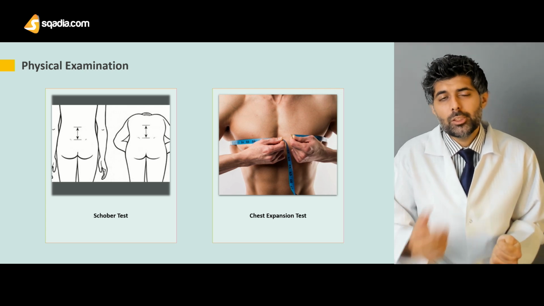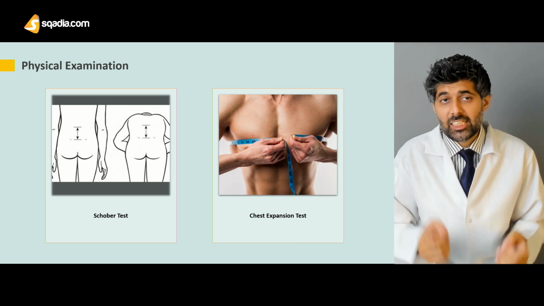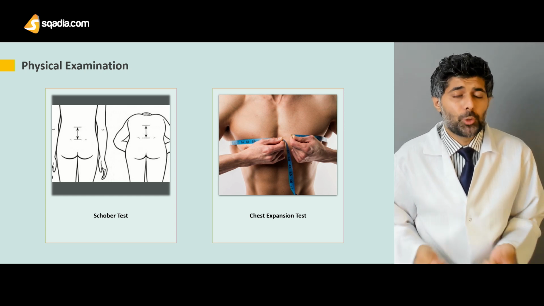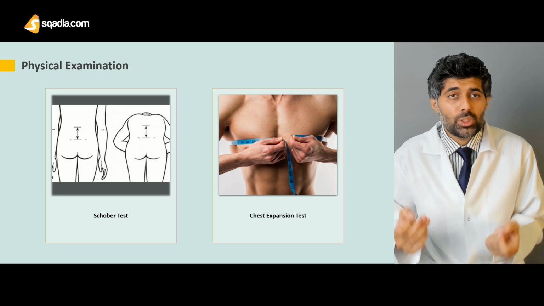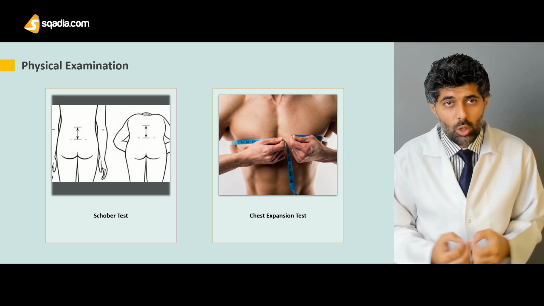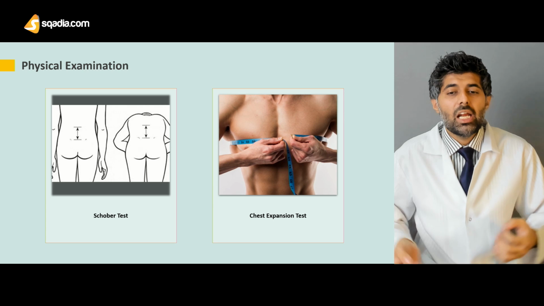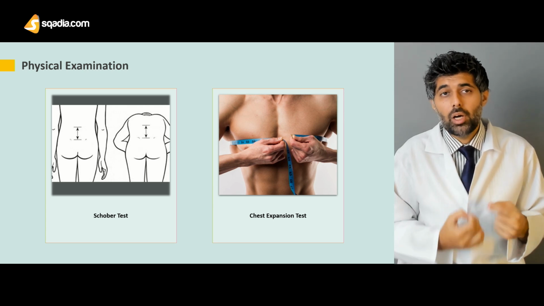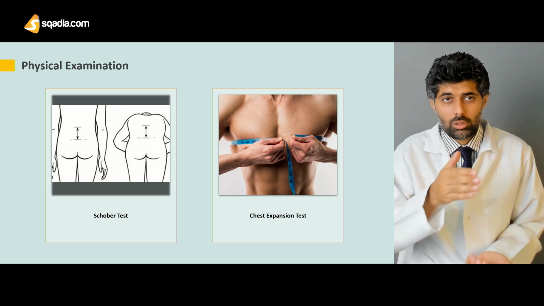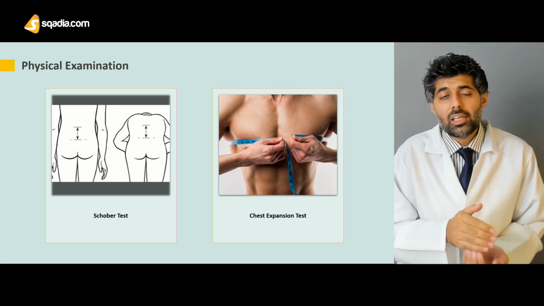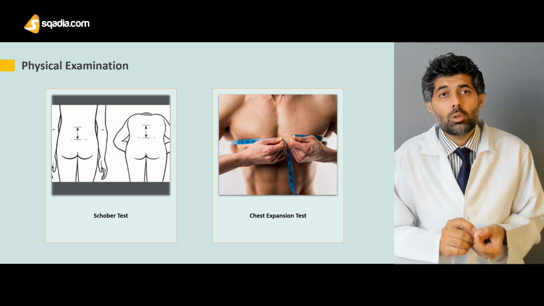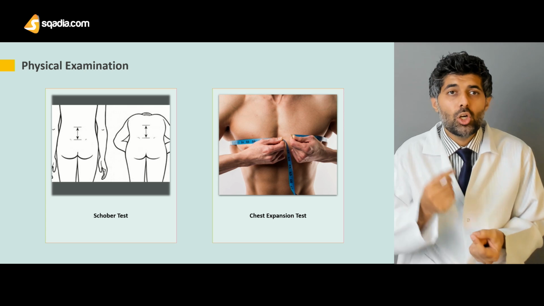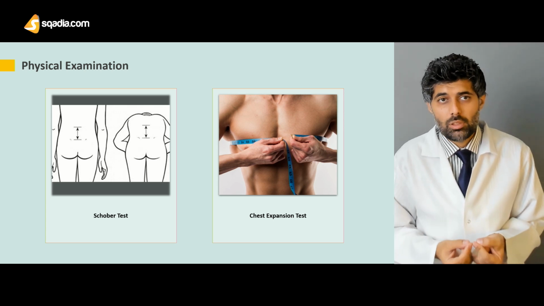Another test that is usually performed is the chest expansion test. Now, chest expansion test is simple to perform. What we do is that we take the measurement of the patient's chest at the area where both the sternum and the manubrium come together. At that area, we take a measurement of the whole rib cage and ask the patient to take a deep inspiration.